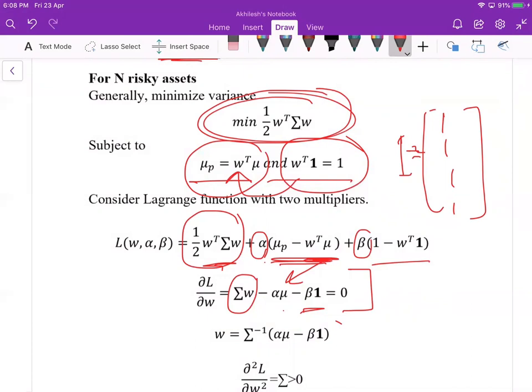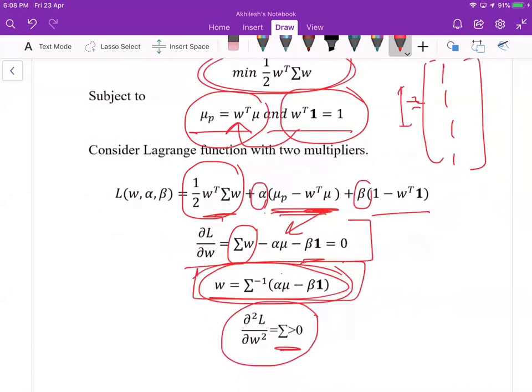Okay. We need to remove alpha and beta from w is equal to sigma inverse (alpha mu minus beta 1). So with the help of this equation and the other two equations, the return term mu p is equal to w transpose mu.